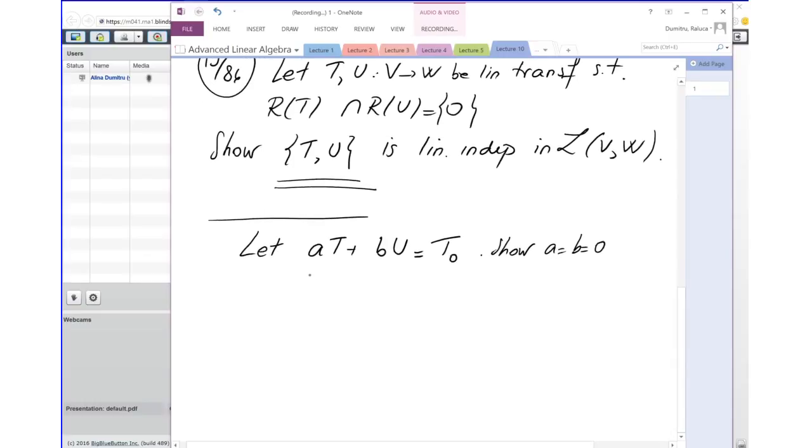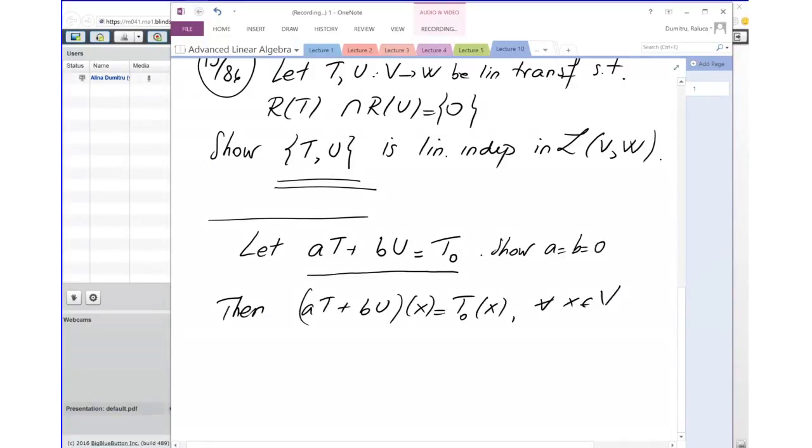Okay. So we have an equality here between 2 functions, and that means it holds for any element that you plug into those functions. So let me apply it to some element x. That would give us A times T of x plus B times U of x equals T0 of x.